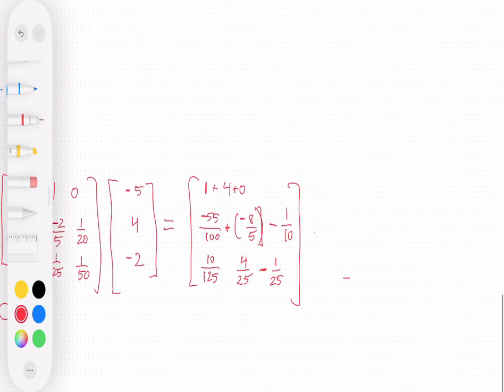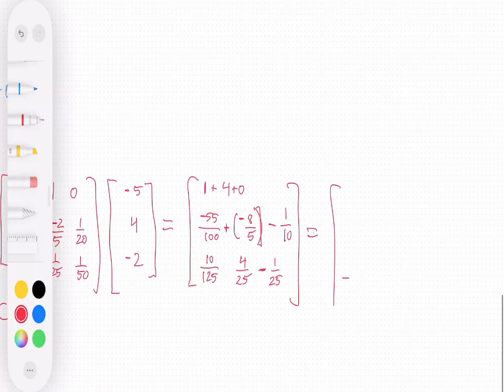So this is all going to be equal to, let's simplify some fractions for the last time. Good gosh. We know the top is going to be 5, but then -55 over 100 is going to be -11 over 20. Plus -8 over 5 is going to be -32 over 20, and then this is going to be -2 over 20.